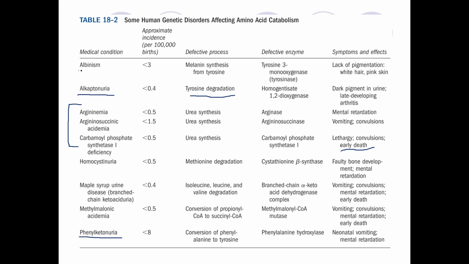And then albinism results from a defect in the synthesis of melanin from tyrosine. That is an inability to create reactive species from tyrosine. Those enzymes are called tyrosinase. Defects in tyrosinase can cause albinism, where your skin pigment is completely white, and your hair, and your retinas, and so on and so forth.